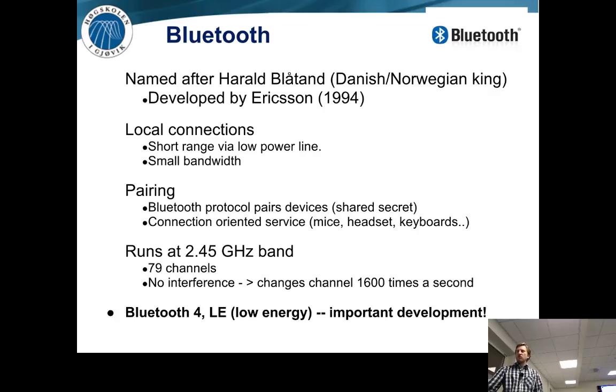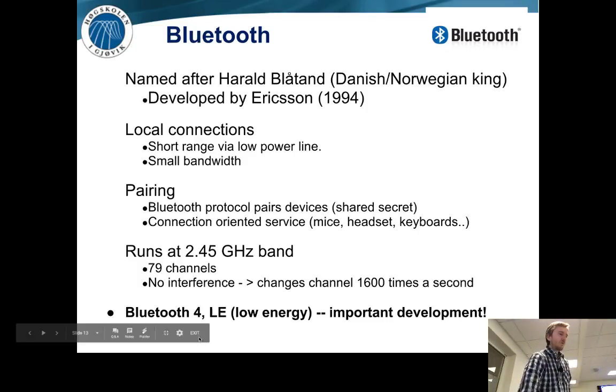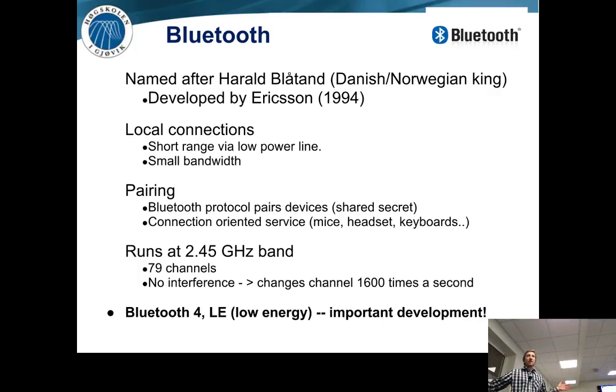And then there was this kind of personal area network concept, which pushed Bluetooth 4, which is low energy. So the normal one had a little bit wider range, but consumed more battery. We discovered that it's not needed. We actually don't need that big range. You can open your car from being next to the car.